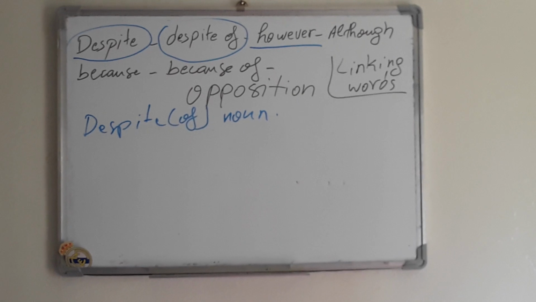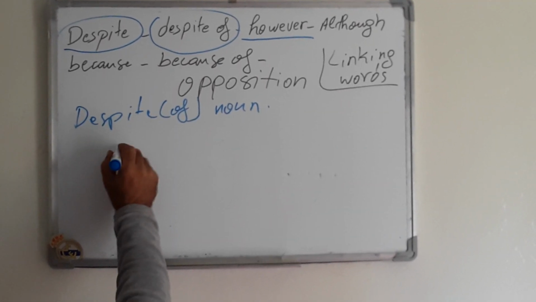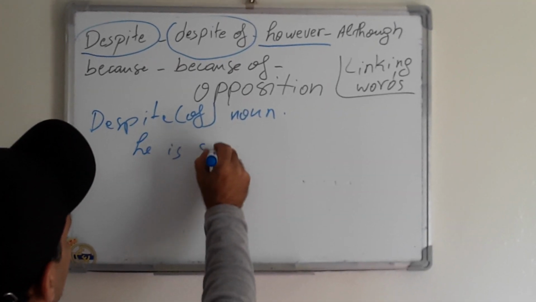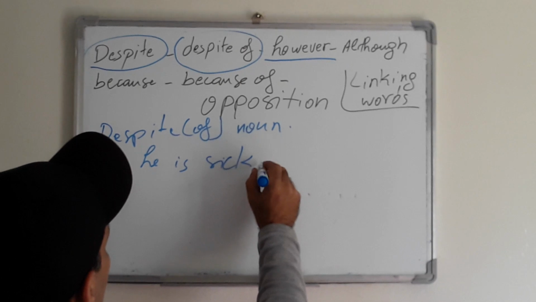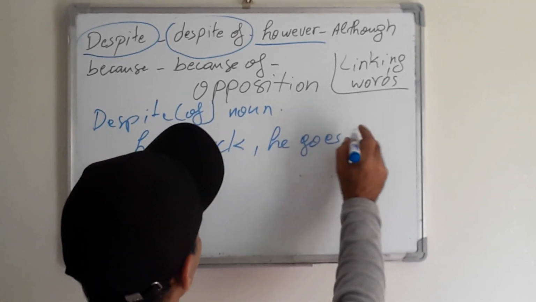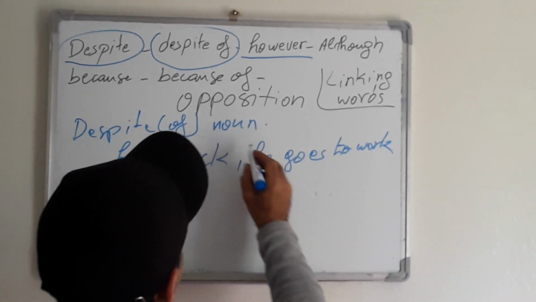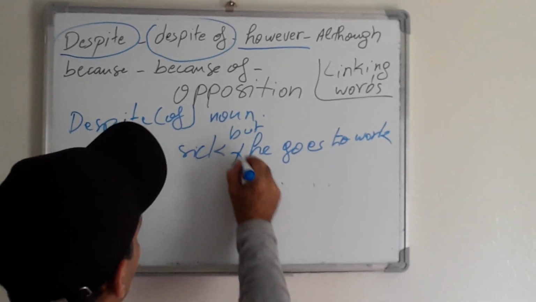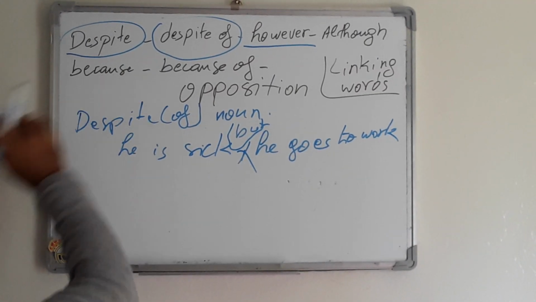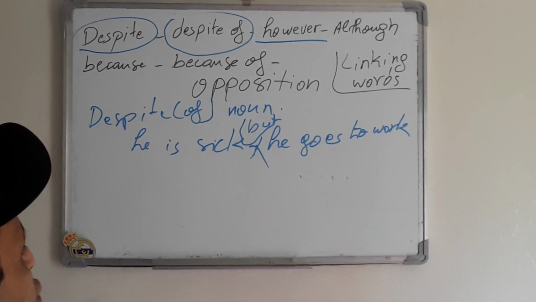For example, in indirect opposition: he is sick, but he goes to work. We can delete the comma and the but and use despite, because despite or despite of are used with a noun.